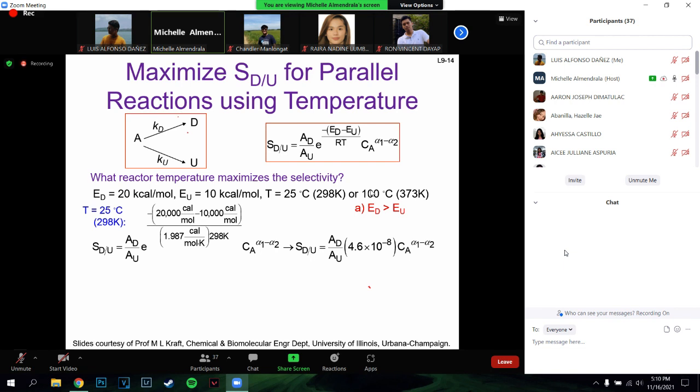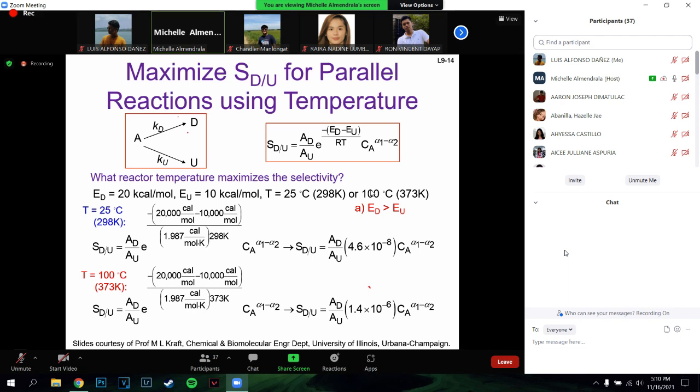We'll just go with the final answer at 25 for case A and at 100 for case B. So we get to define kD/U and obtain that kD/U for each case. Our conclusion is that the ratio is greater at 100, the higher temperature, to favor desired product formation.